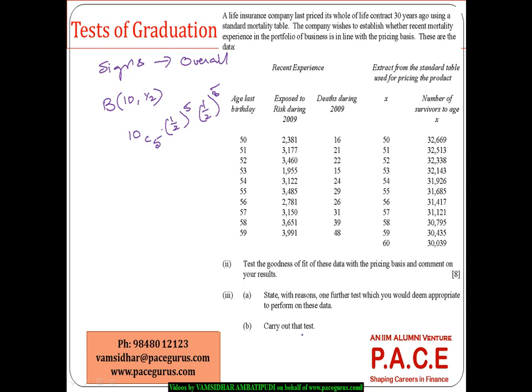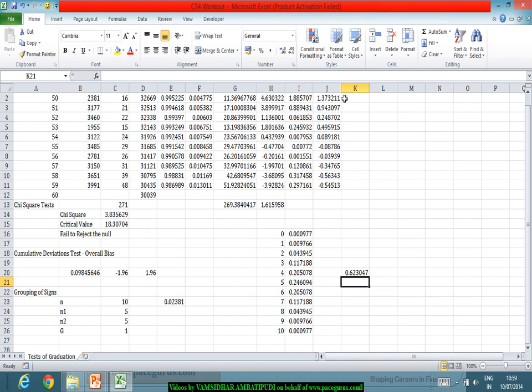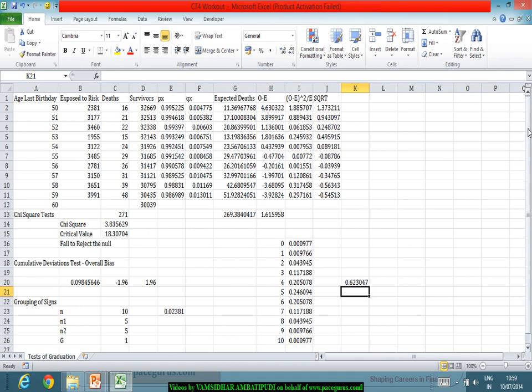But one more test which we can discuss in this case is the serial correlation test. I'm trying to do the correlation between these numbers, which are my Z, which have come out as, right, I'm trying to find out the correlations between these and probably with one period lag of these.